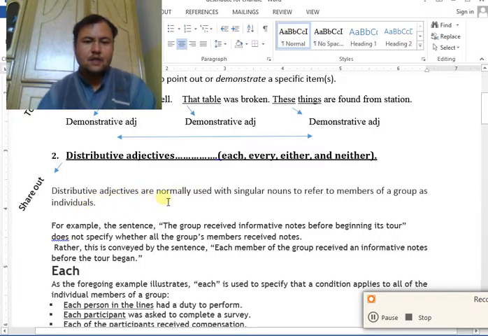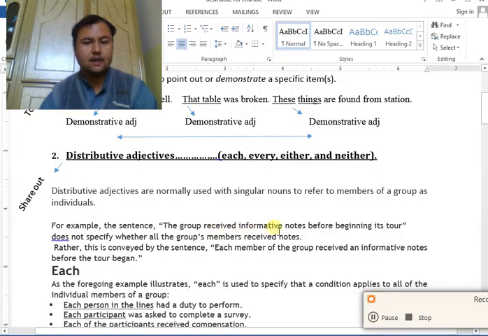Distributive adjectives are normally used with singular nouns to refer to the members of a group as individuals. For example, the sentence: the group received informative notes before beginning its tour. Inside the group there are many members.